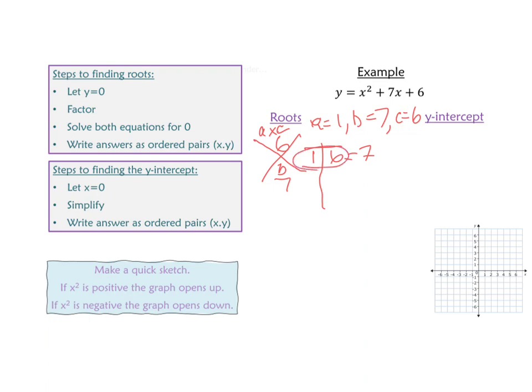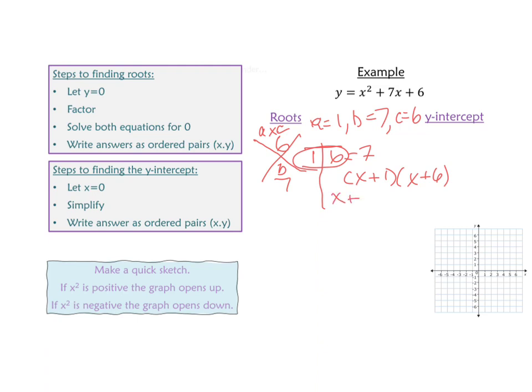So here are our factors. X plus 1 times x plus 6. To find our roots, we make them equal to 0, and we solve. What plus 1 equals 0? Well, you probably know that instinctively that it's negative 1, but let's say we had to figure it out.